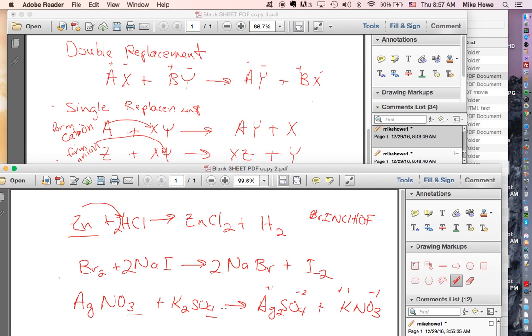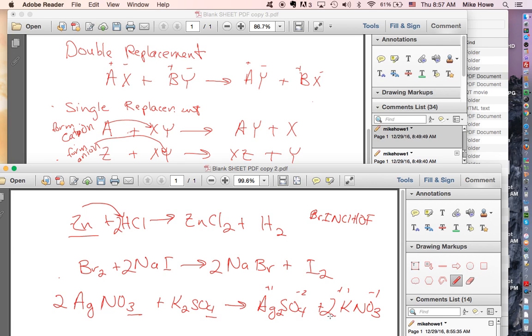Now we need to balance the equation from side to side. So we got 2 silver on one side, and 1 silver on the other, so we put a 2 over here, which also gives us 2 nitrates as a side effect. Remember, this 2 stops affecting things when you get to the plus sign, but it doubles everything here. So 2 NO3s. Over here I've only got 1 NO3, so I had to put a 2 in front, which then multiplies my K. So now I have 2 Ks, because 2 times 1 is 2.